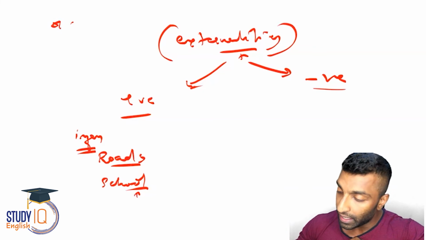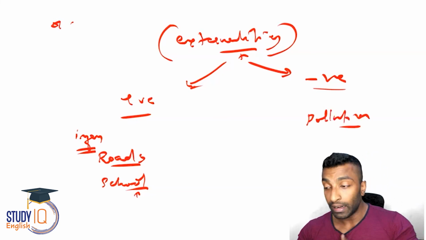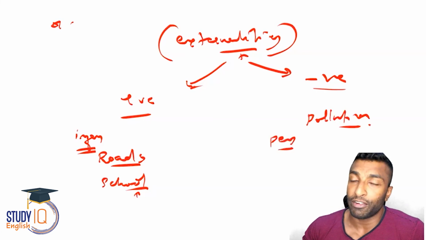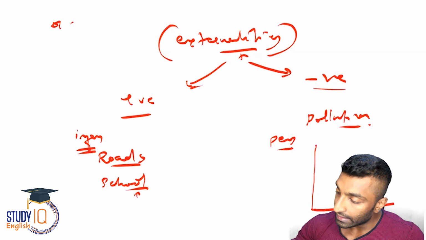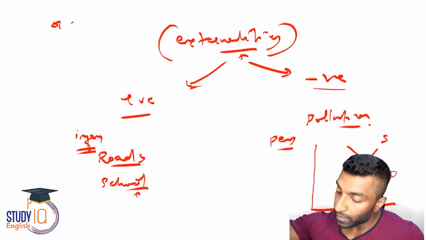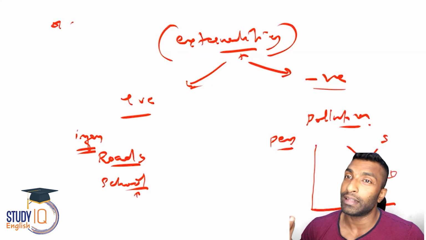Now, negative, let's talk about pollution. For example, let's talk about a pen manufacturing company or any manufacturing company. Let's say this is a demand curve and this is a supply curve, right? Now let's say because of huge supply there is pollution.